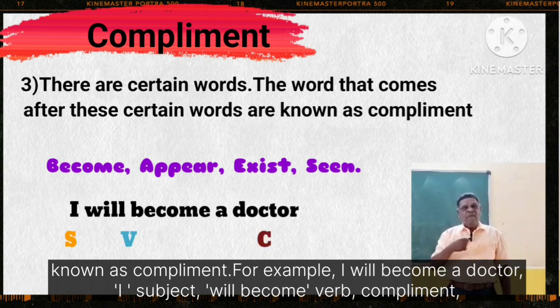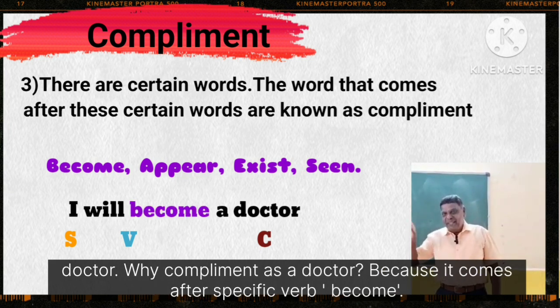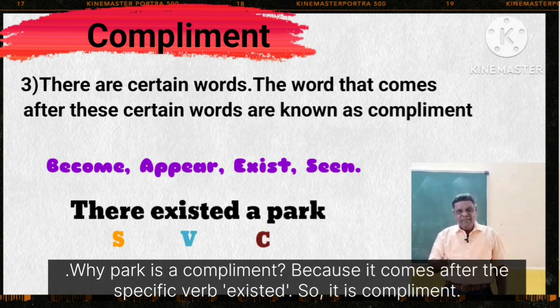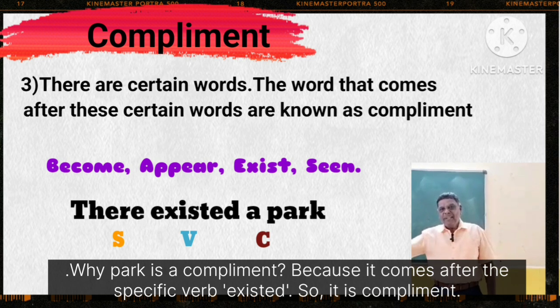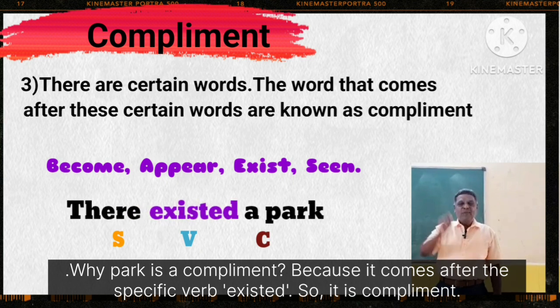I is the subject, will become the verb, doctor the complement. Why is doctor a complement? Because it comes after the specific verb become. Another example: there existed a park. There is the subject, existed the verb, park the complement. Why is park a complement? Because it comes after the specific verb exist, so they are complements.